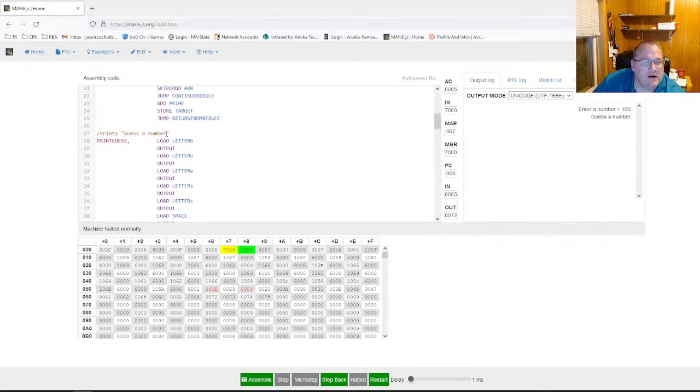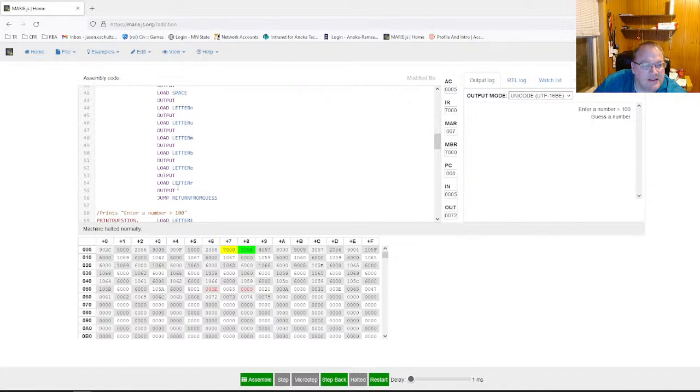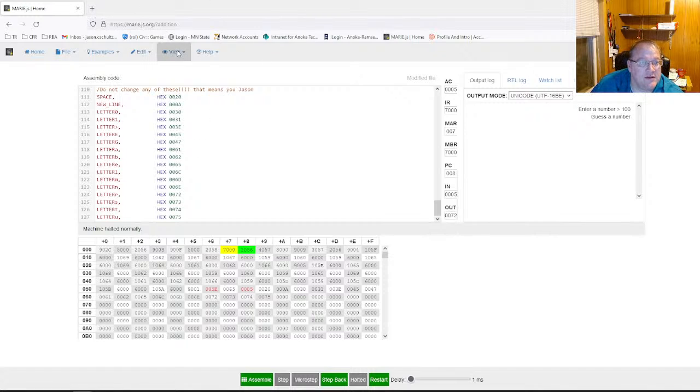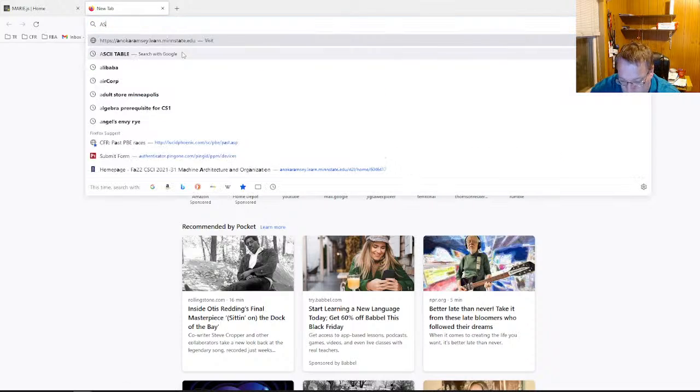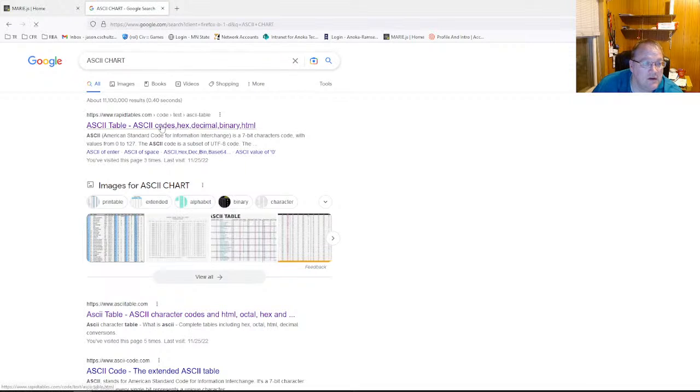So that's a question. Here is guess a number. Actually, I'm going to add to this because it doesn't really look like I'm doing anything there. So I'm going to guess, so then I'm going to do, oops, load letter colon. And then I need the ASCII chart.